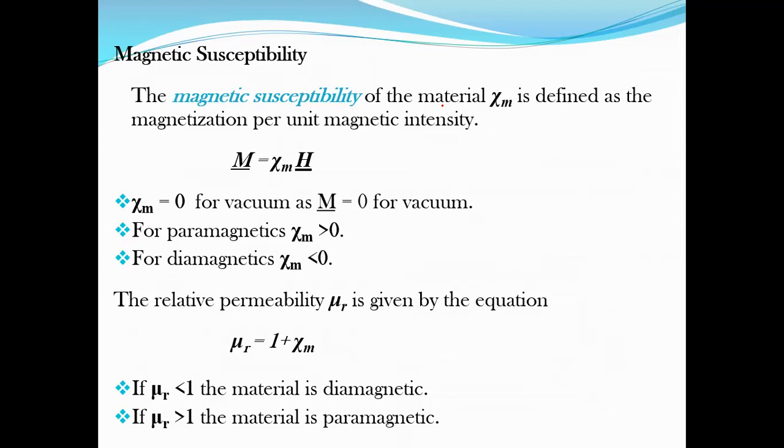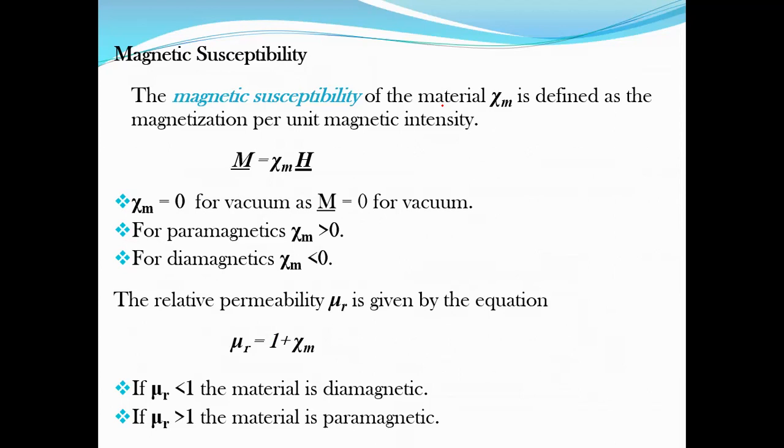Chi is less than 0, a negative value, for diamagnetic material, right? We can write a similar expression as we found in the electric field, where there is a relationship between epsilon and the electric susceptibility. Here we are talking about the magnetic susceptibility, right?